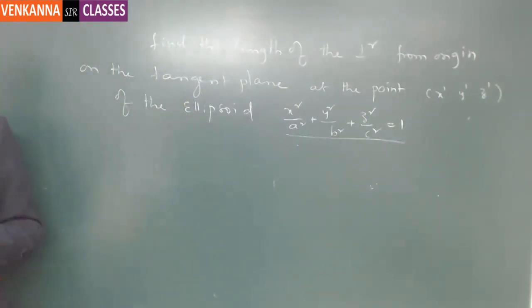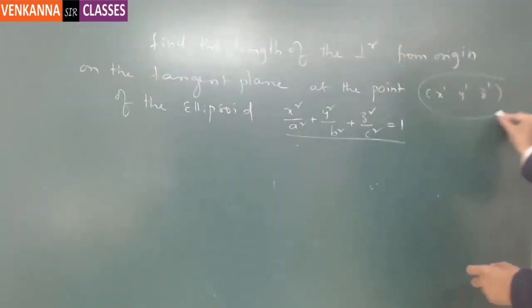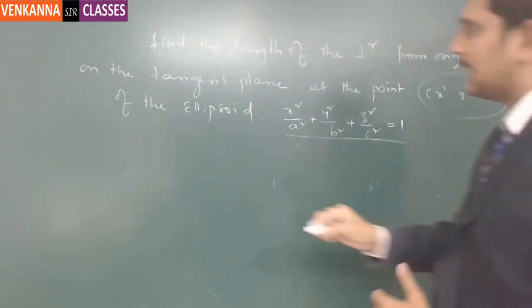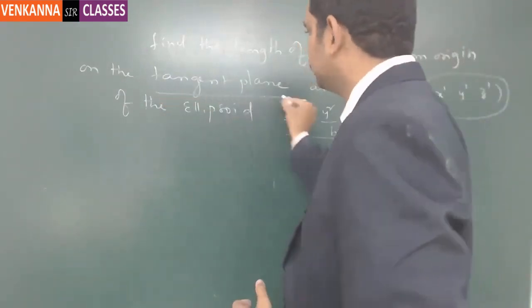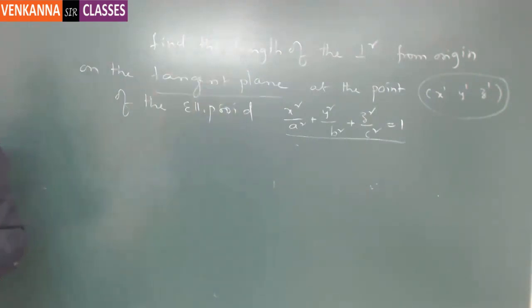For this ellipsoid, we are taking a point on the ellipsoid and calculating the tangent plane. If you consider the tangent plane with respect to that point, we have a formula already.